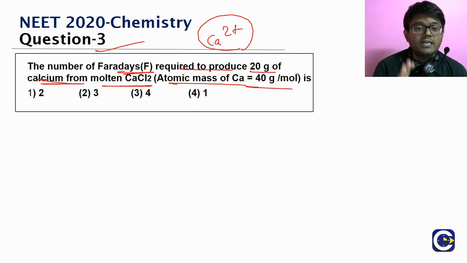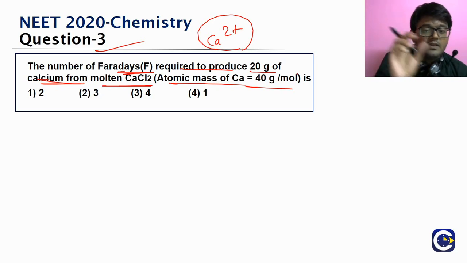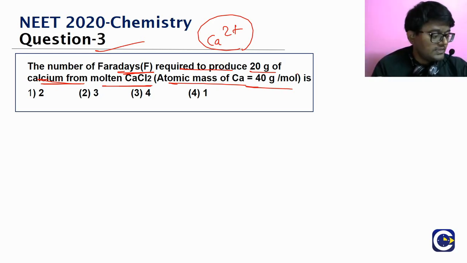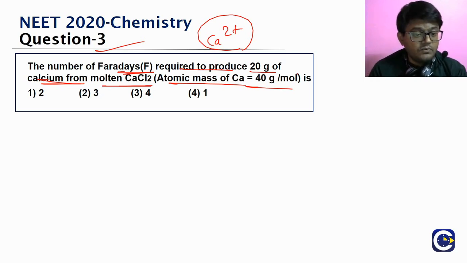We need to find the number of Faradays of charge that is required. When we are doing Faraday's electrolysis questions by taking the charge in terms of Faraday units, what we need to keep in mind is 1 Faraday of charge.